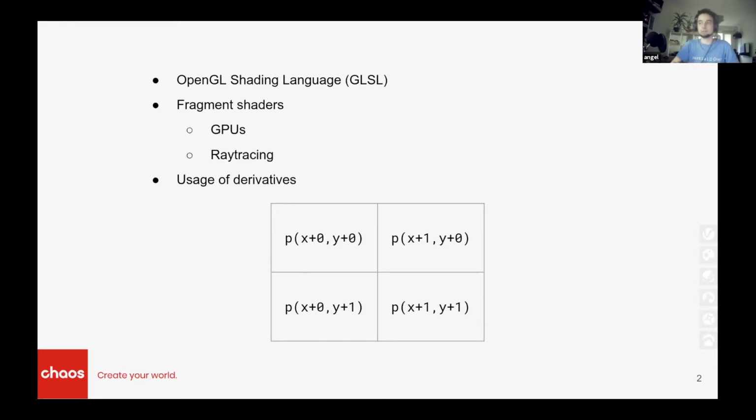So computing the derivative of a value on a GPU in GLSL is usually made by simply referencing the neighboring cells, so to say, for example, fragments, and just using the numeric derivative.